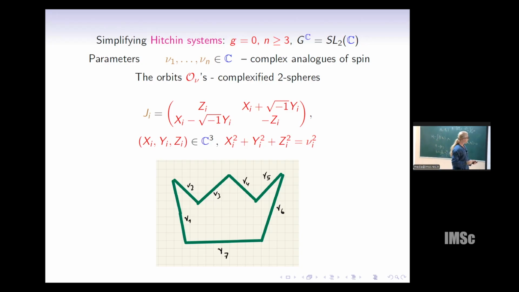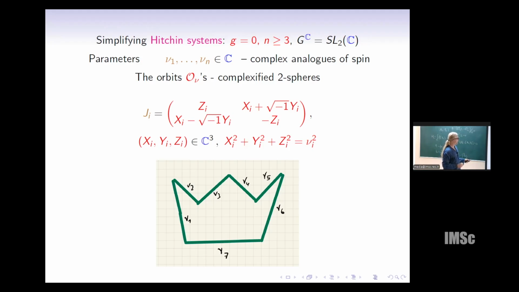If these were real numbers, then I could geometrically represent this by saying that I just need to have a closed polygon whose edges have fixed lengths, nu1, nu2, nu3, nu4, etc. And so my phase space is just the space of such polygons considered up to isometries. So there is no specific point where they start, and there is the overall SL2C action.